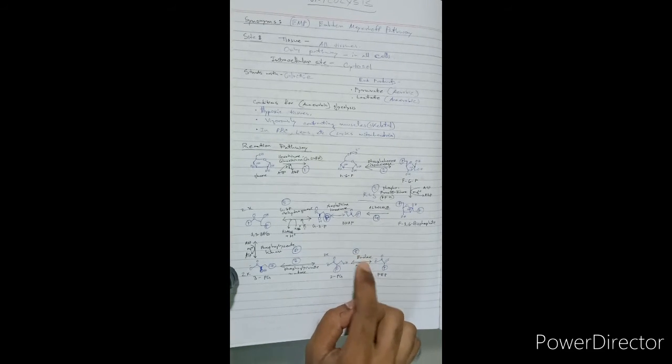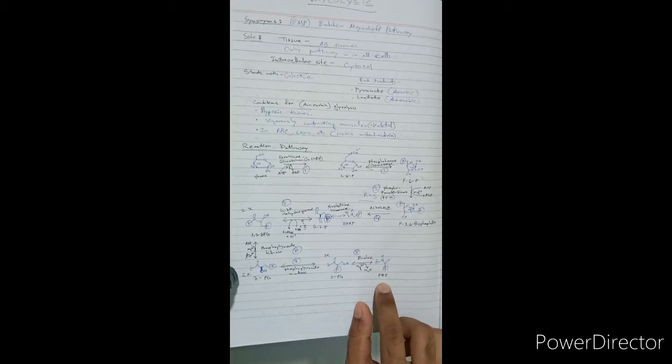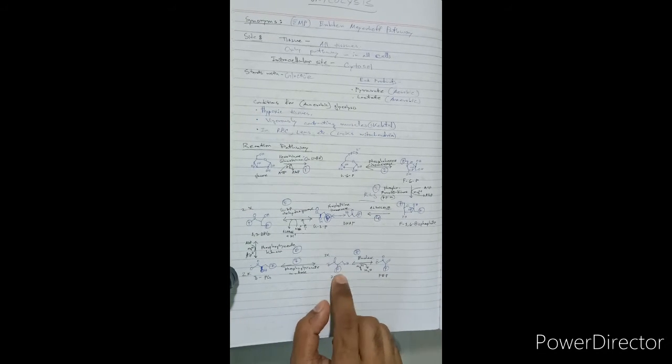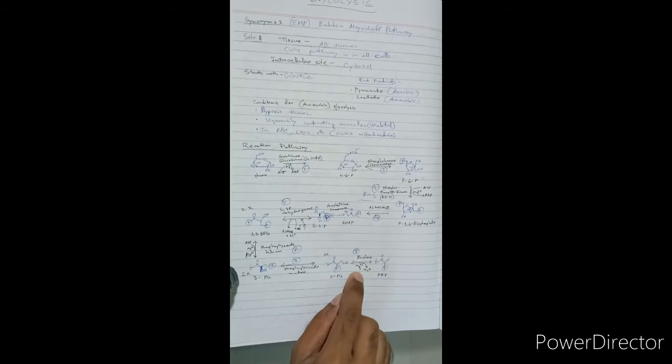In the 8th step, this 2-phosphoglycerate is converted to phosphoenol pyruvate with the enzyme enolase. The enzyme name is valid for when PEP is converted to 2-phosphoglycerate. A water molecule is removed with the help of this magnesium ion.